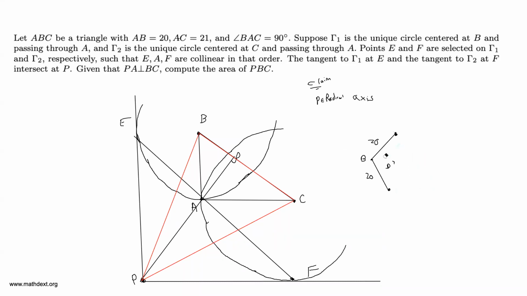It means that the power of P with respect to the two circles are equal to each other. The power of P with respect to the first circle is PE squared, and the power of P with respect to the second circle is PF squared, and they're equal because P is on the radical axis. So we have PE equal to PF.